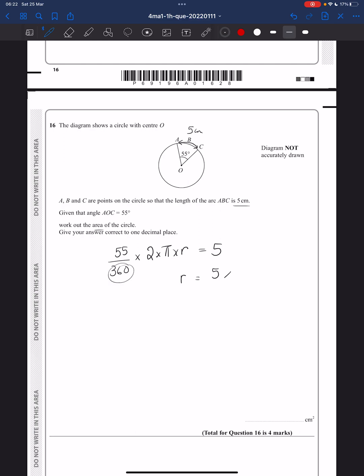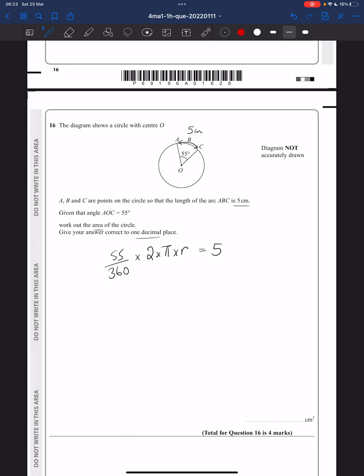Multiply both sides by 360, and then divide by 55 times 2 times pi. Actually, let me do that another way, because let's simplify the left-hand side. Give your answer to one decimal place, so we'll need to keep it accurate.